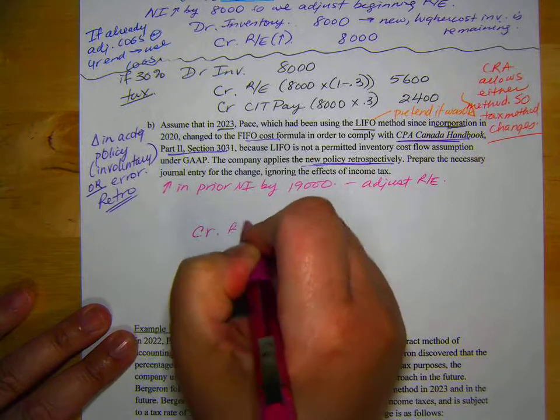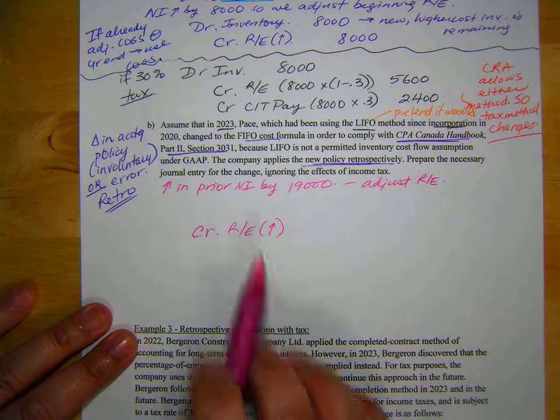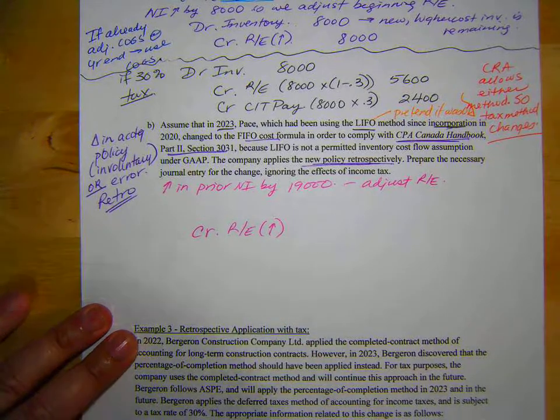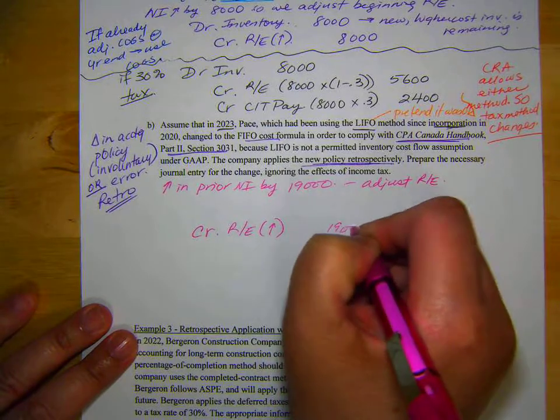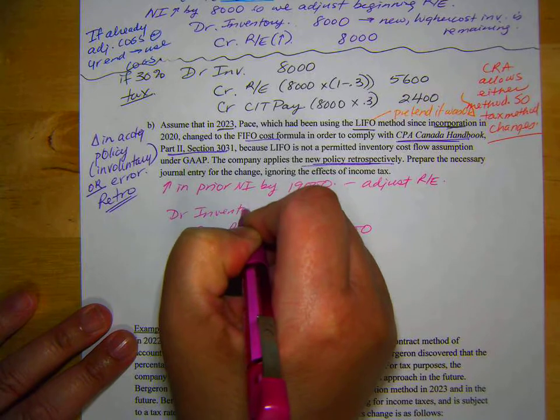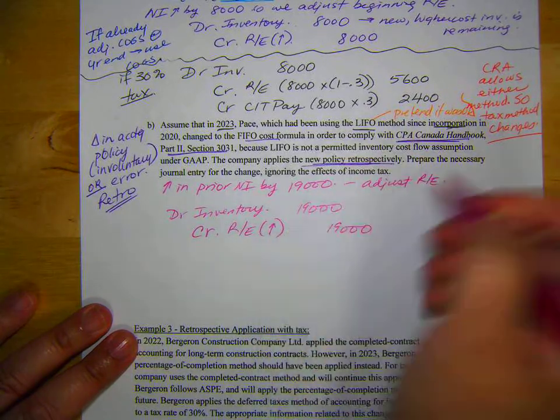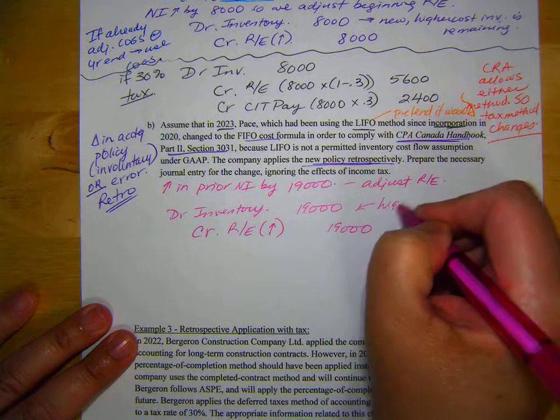So credit retained earnings because it's up. If it was decreasing, if we were switching from FIFO to LIFO, then of course this would be a debit because retained earnings would be going down. 19,000 and debit inventory for the 19,000. So higher cost of inventory.